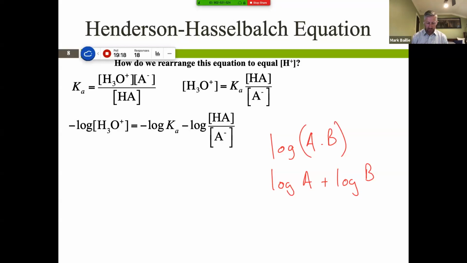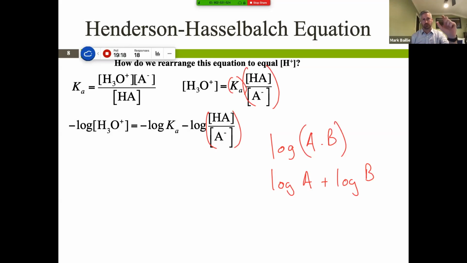So what you see above here is negative log of Ka plus negative log of the fraction HA over A minus. This fraction is going to become really important, because remember I said that ratio can only be 10 to 1 in one direction or the other, and then the equation no longer works.